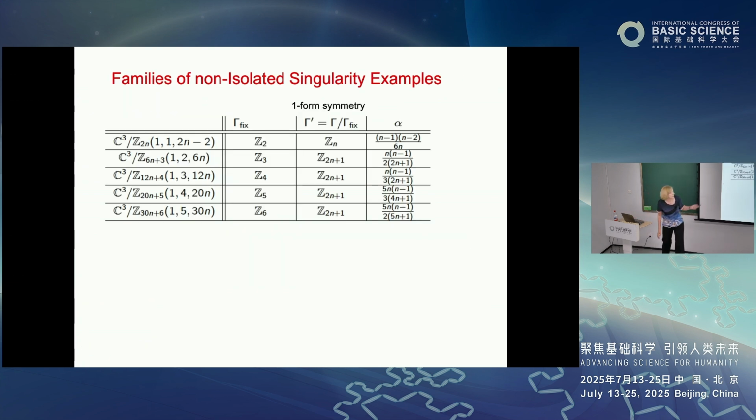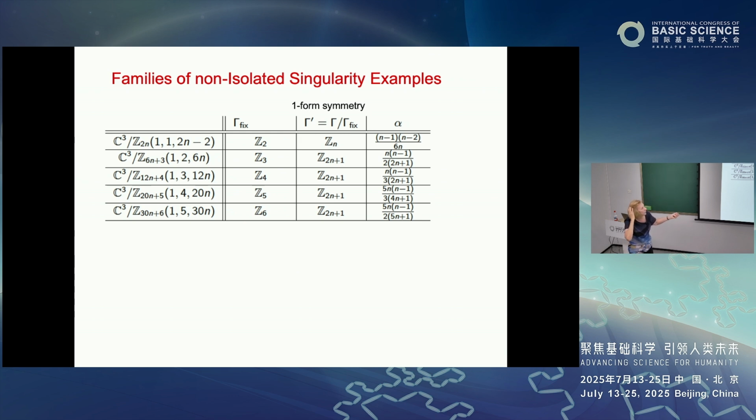We found a bunch of classes of examples of orbifolds with very similar structure. Namely, the one-form symmetry is associated with the original ZN order of the orbifold, modded out by the flavor symmetry order. Okay?